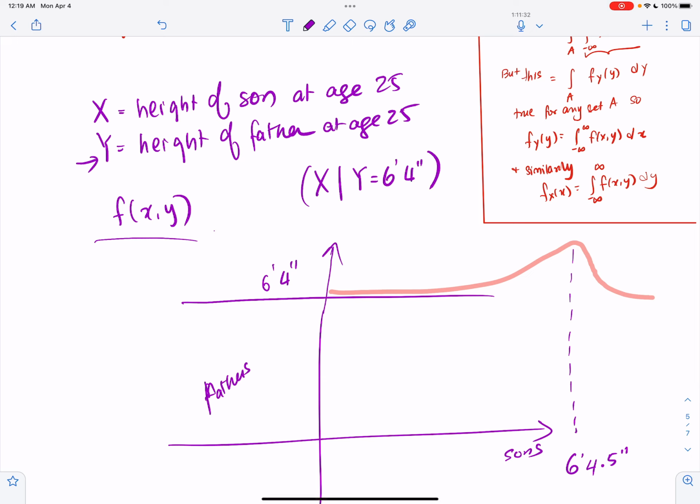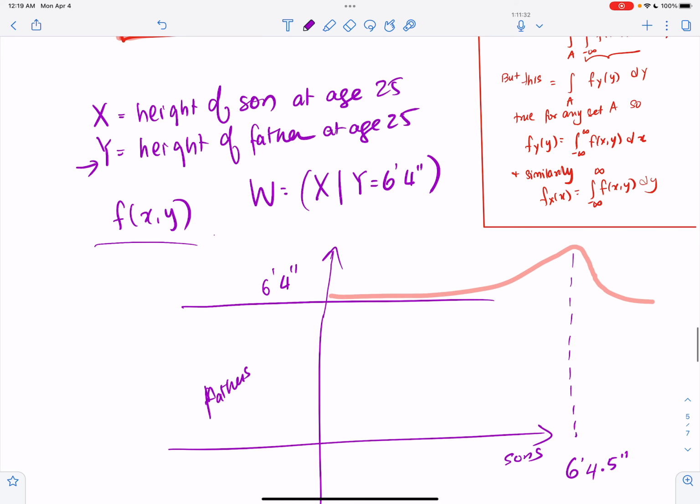Think of this as a random variable. Let's call it w. It has a density, and that is some function that depends on just one variable x. And of course, it would be different if you change this. Okay? All right.